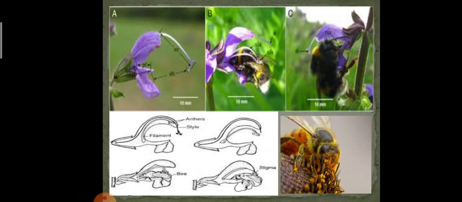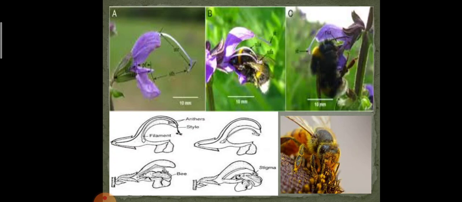When the insect enters the flower to consume the nectar, it first touches the lower anther lobe, and indirectly the upper anther lobe sticks to the insect's wings, legs and antennae.